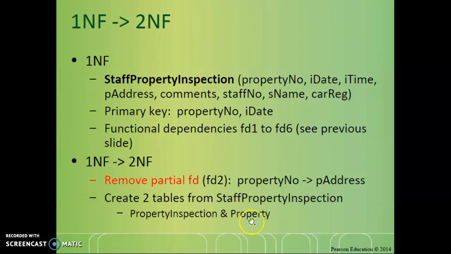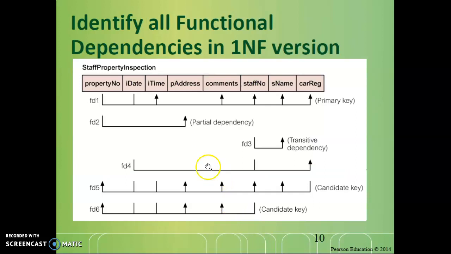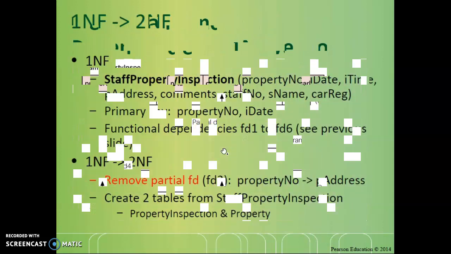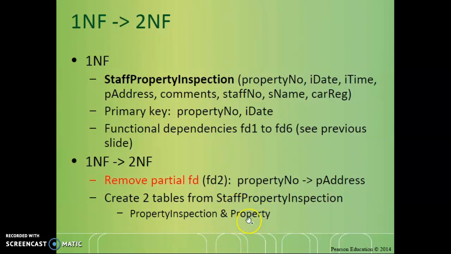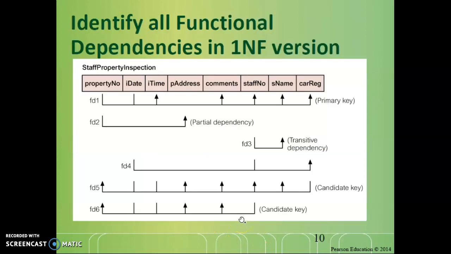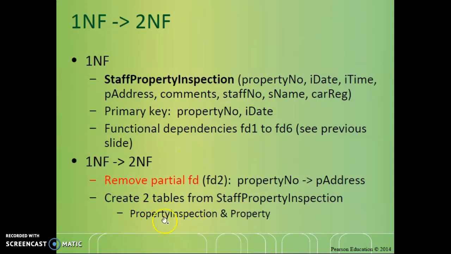So the property table has only these attributes, property number and P address. Wherever we identified the partial dependency, this property table contains only two attributes, property number and P address. And then what is the property inspection table?